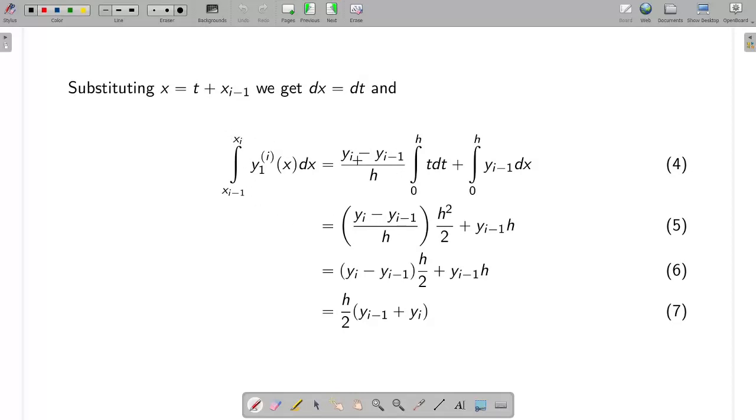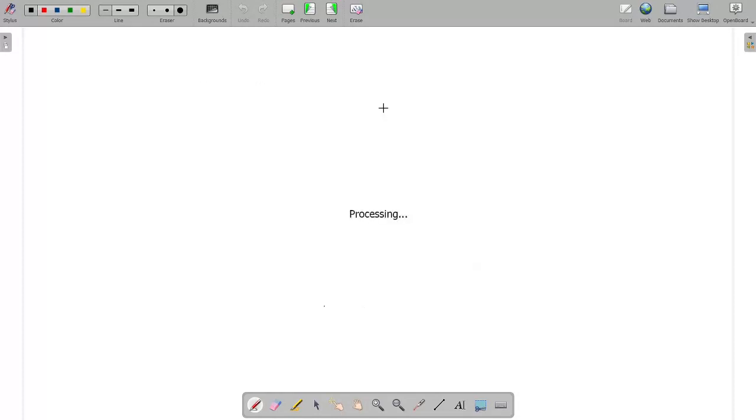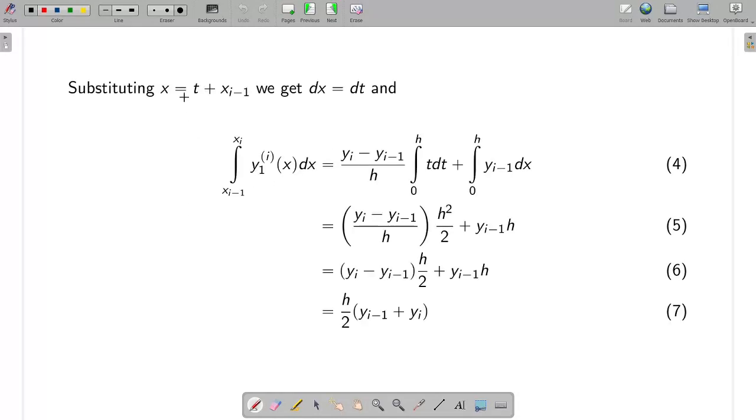This would give us yi minus 1 by h, and then the integral would go from t equals 0, when x is xi minus 1, to t equals h, when x is xi, since xi minus xi minus 1 is h.